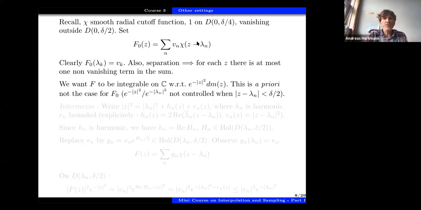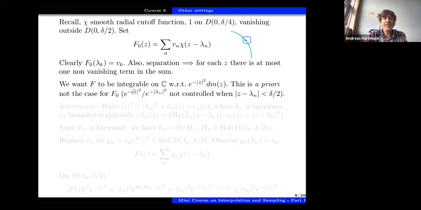I will try to draw some picture here. Maybe if your disk is like this, V lambda n is like this. If you are inside the disk here, then it's e to the lambda n squared, the value of Vn.